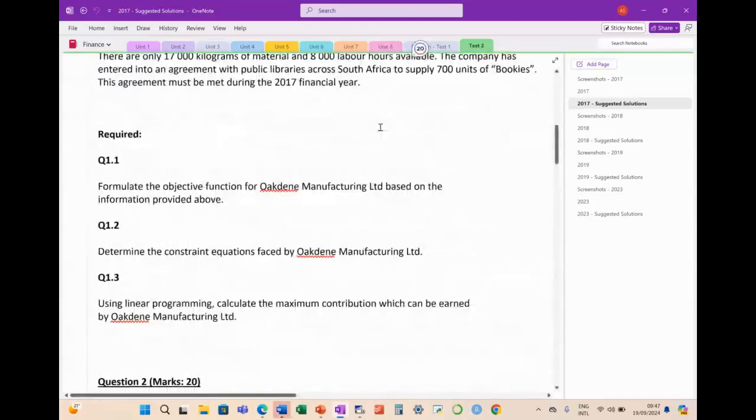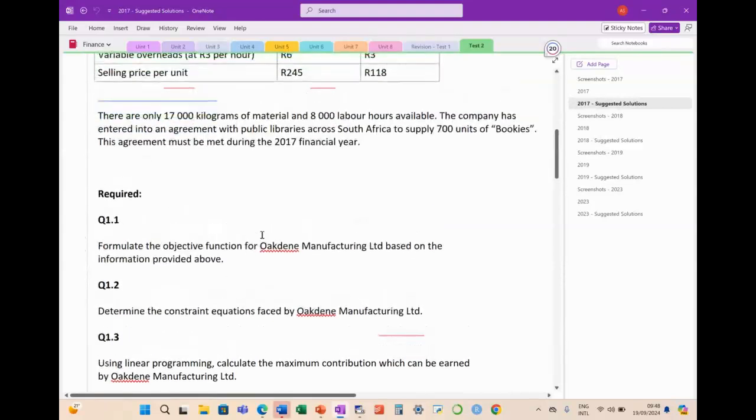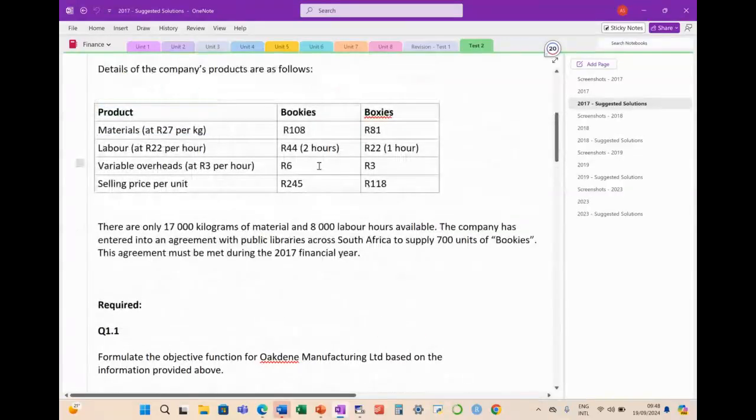Then 2017, what are we looking at there? There they say formulate the objective function for the business based on the information provided. Okay, what information have they provided? They provided you the selling price per unit. They provided the variable cost, so we know we can calculate our contribution margin for the 2 products.